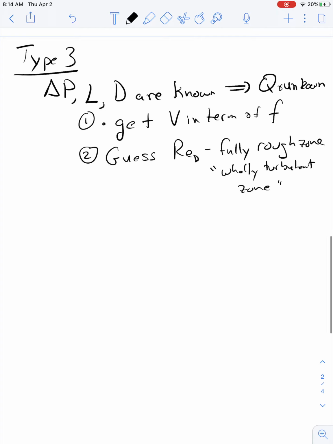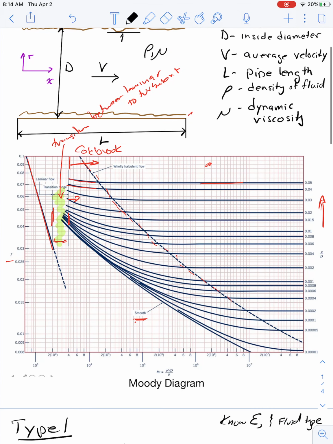This is where the friction factor is not a function of the Reynolds number. This is the flat line part that we have here. So you know what the roughness is, so if your relative roughness was 0.05, you would go all the way across, and say, okay, it's a little over 0.07, maybe 0.071 in that case.